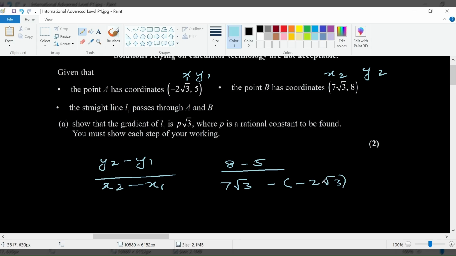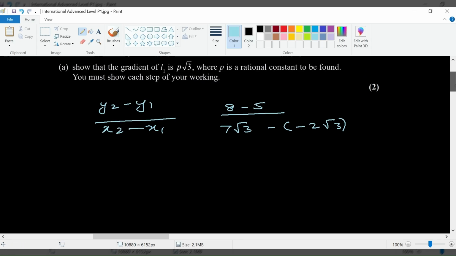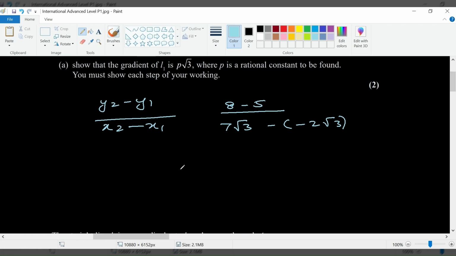So 8 minus 5 is going to be 3. And here we have 7 root 3 plus 2 root 3. So 7 plus 2 is going to be 9, so I can simply write 9 root 3. Now rationalizing the denominator.